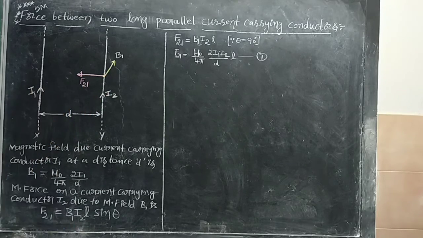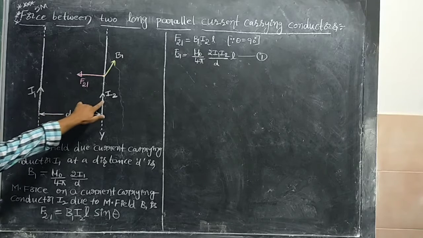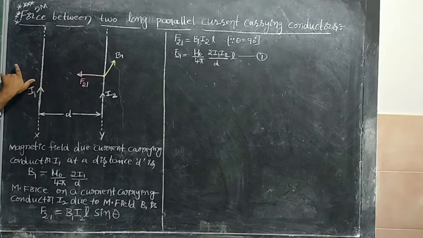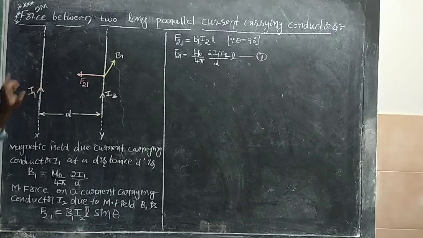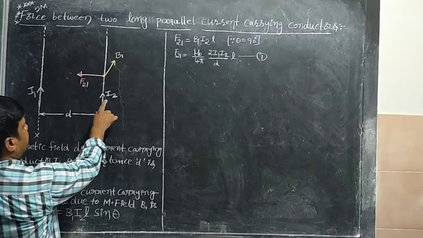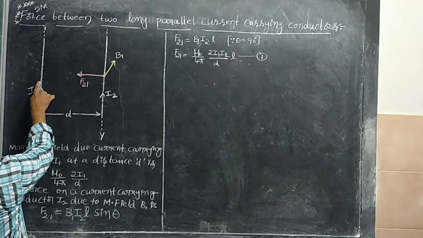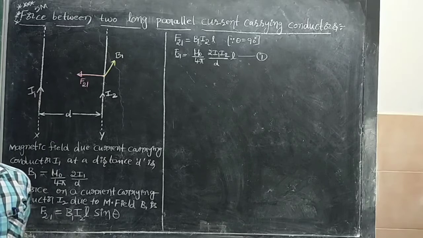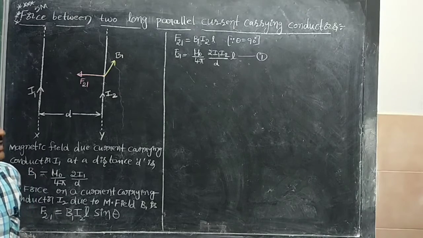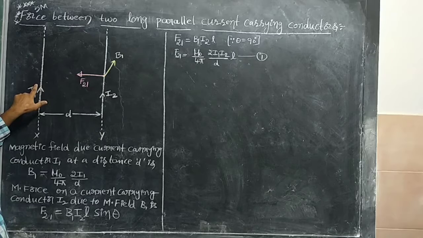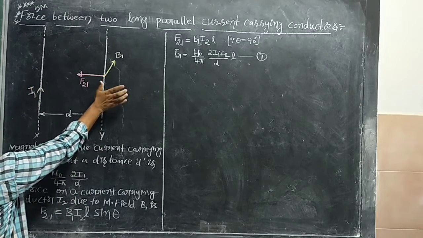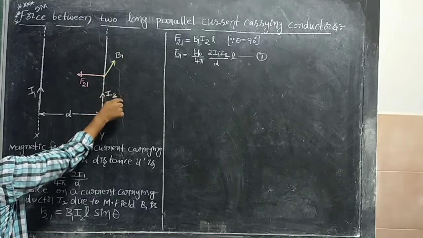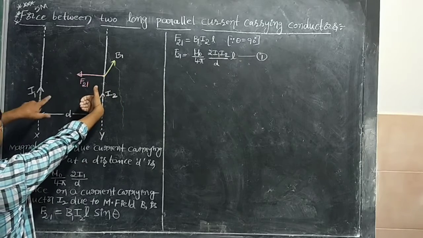Next, due to this second current carrying conductor, in the region of the first conductor also, there is a production of magnetic field. Due to this second current carrying conductor, in this region, the magnetic field is B2. What is the direction of magnetic field due to I2 within the region of I1? Using the right hand thumb rule, the direction of magnetic field here is inward, so here it is outward.